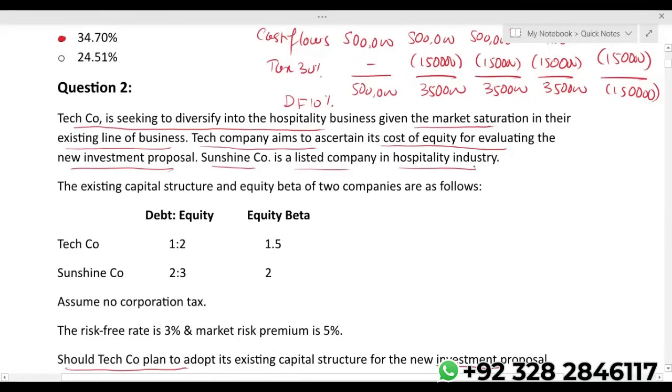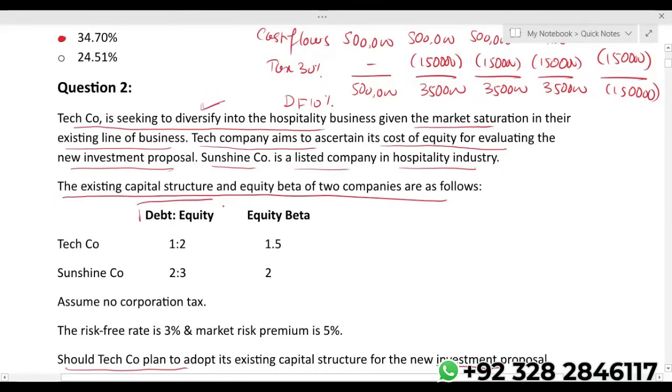So in case of diversification, step 1, we need the asset beta of the new industry. After that, you have to gear up with your own financial gearing to get equity beta, and that equity beta will be used in CAPM. The existing capital structure and equity beta of two companies are as follows.